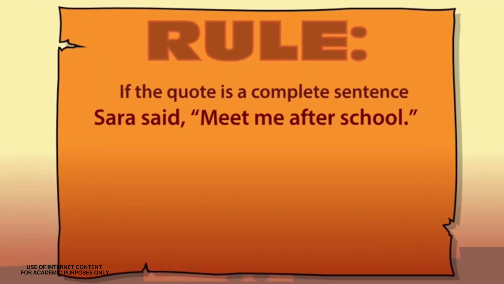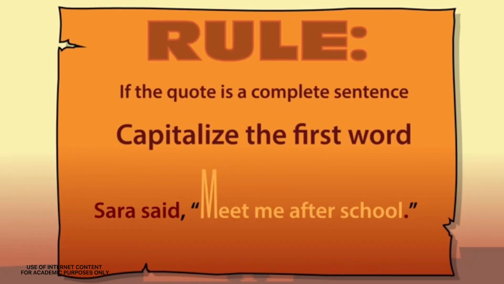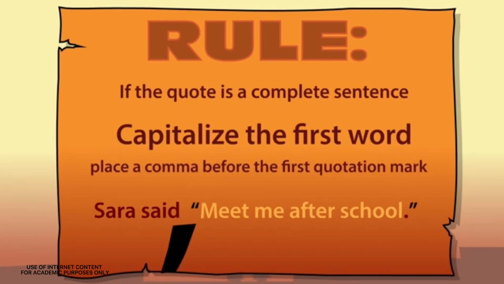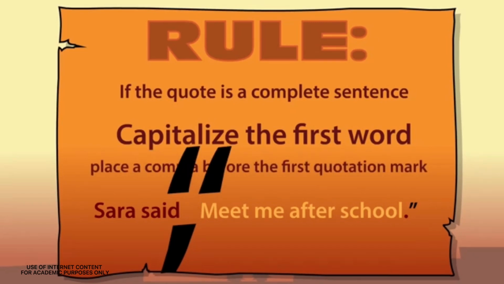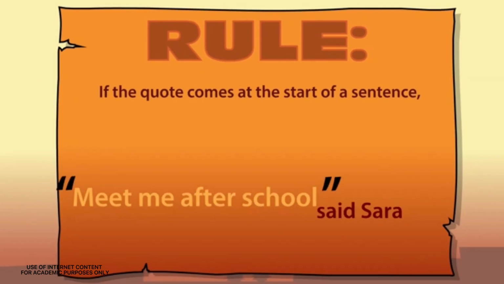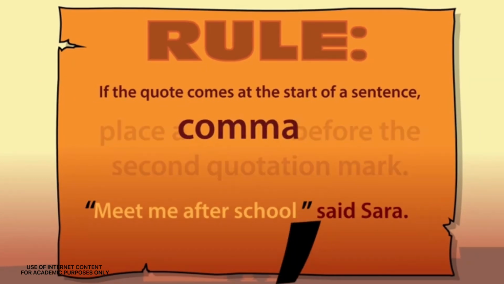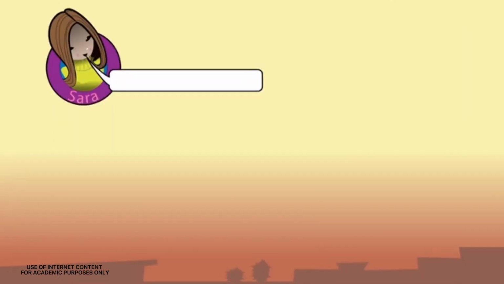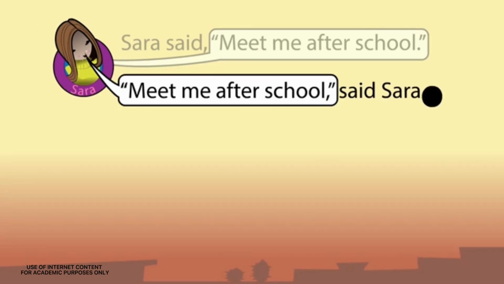If the quote is a complete sentence, capitalize the first word. Place a comma before the first quotation mark. If the quote comes at the start of a sentence, place a comma before the second quotation mark. "Meet me after school," said Sarah.